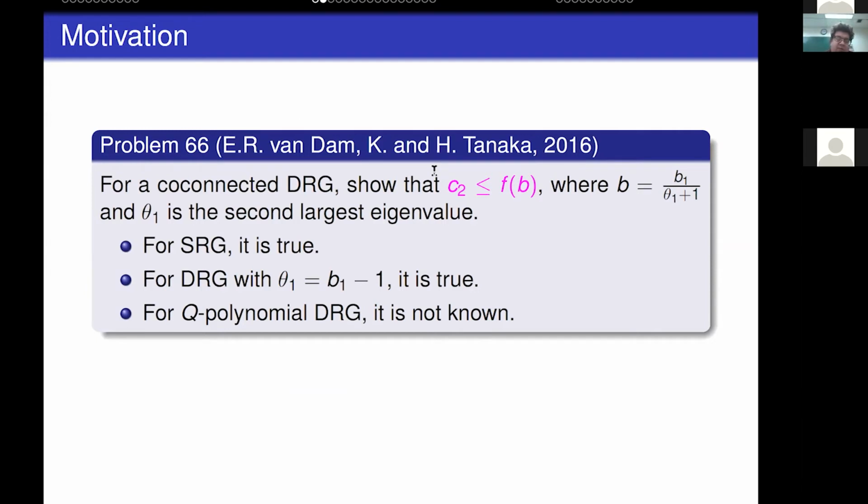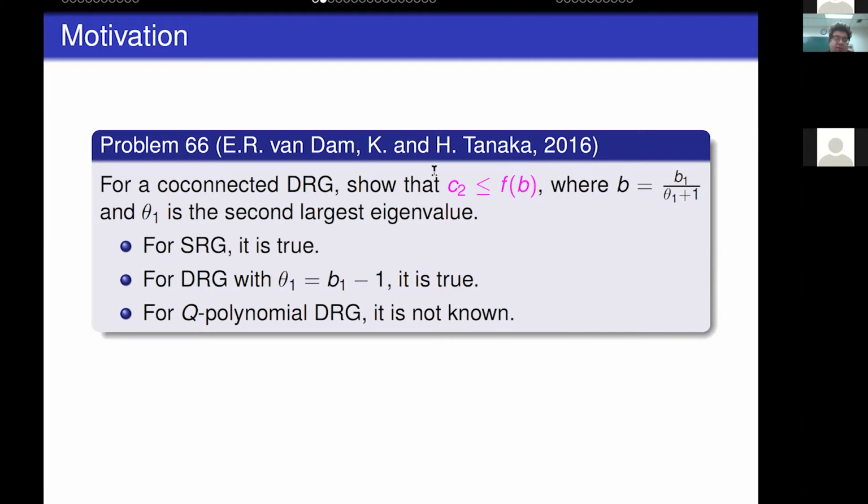If you have a coconnected distance regular graph of diameter at least 3, show that c2 is bounded by a function in b, where b is the ratio b1 over theta 1 plus 1, where theta 1 is the second largest eigenvalue of the distance regular graph.